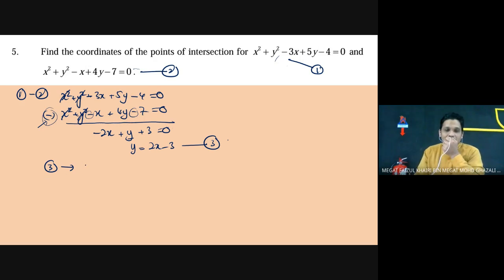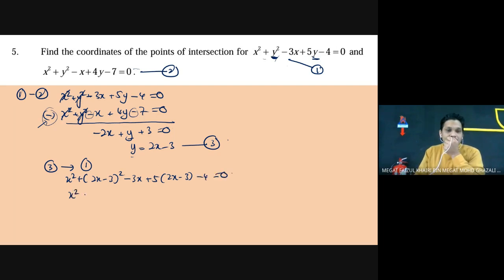Let's say your friend requests to substitute into equation 1. So, we got y here and also y here. So, we got x squared plus (2x minus 3) squared minus 3x plus 5(2x minus 3) minus 4 equal to 0.